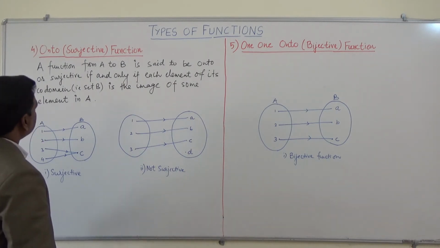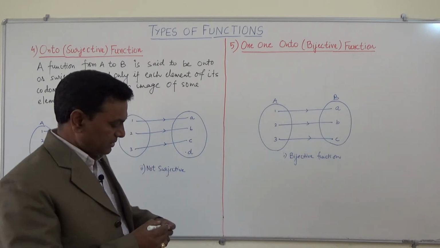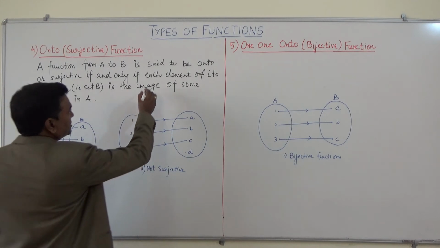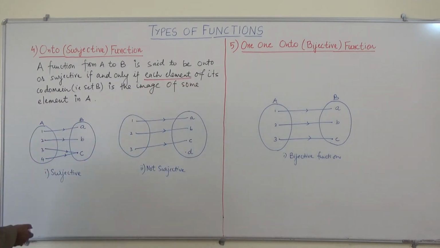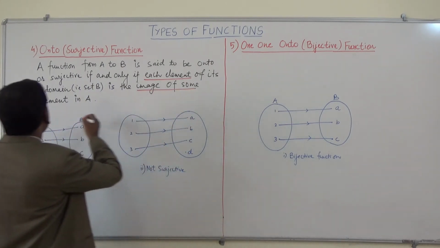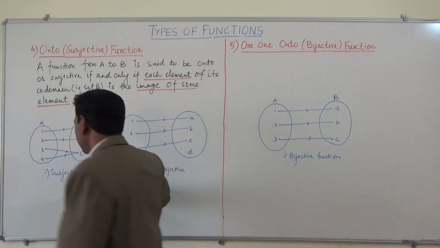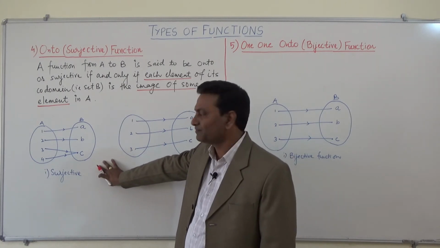So the main condition is that each element of its codomain is the image of some element in A. Diagrammatically, we can see this is a surjective function.